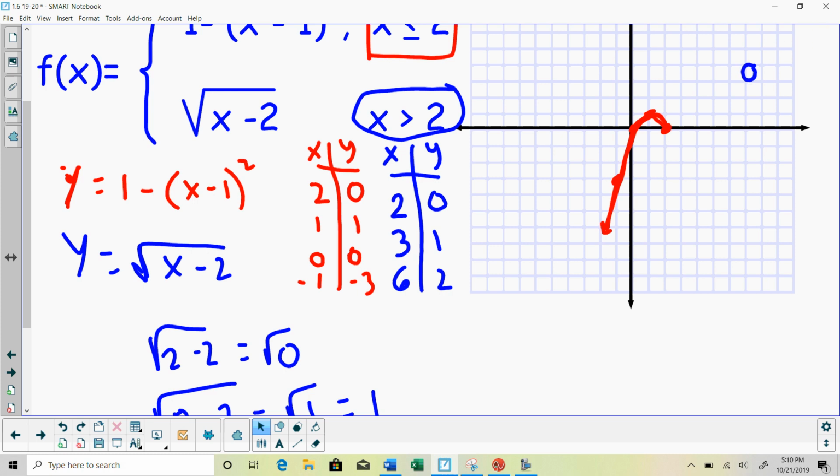Well, I'll leave this there just to remind us that that was the hole in the graph. But then it's going to 3, 1, which is right there, and 6, 2 is right there. And so this graph is going to look like this. But again, the hole's getting filled in by the point. All right, that's it for this graph.